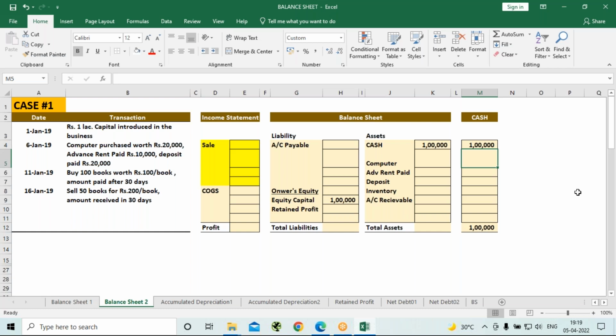Hope you have understood how I connected this cash column balance to the asset side cash counter. Okay, so with this entry, the effect in the balance sheet was capital of 1 lakh and a cash balance of 1 lakh. Good. What could be the second one?